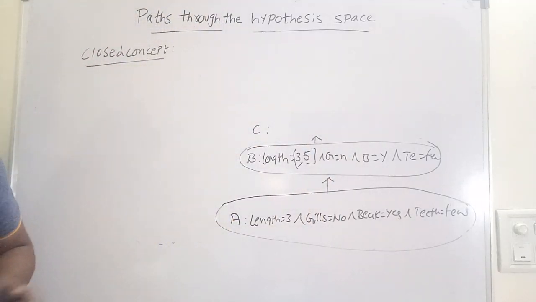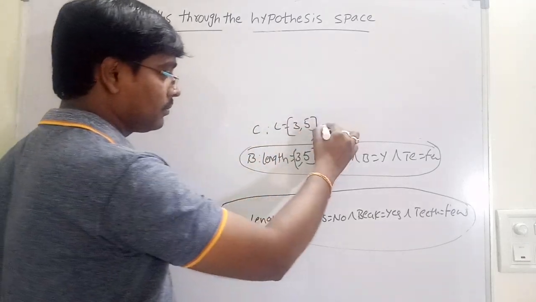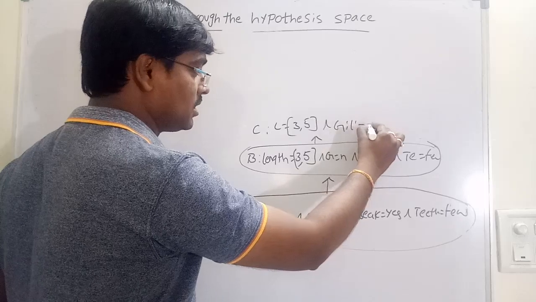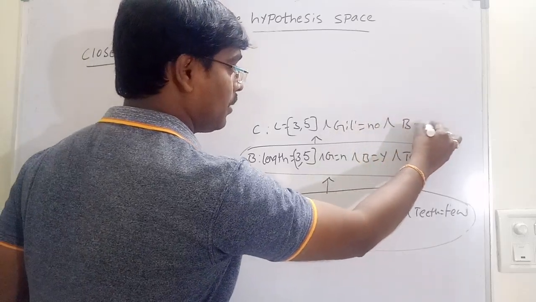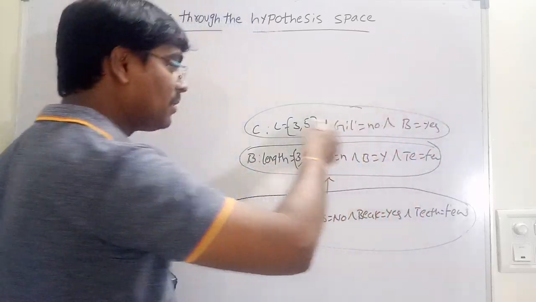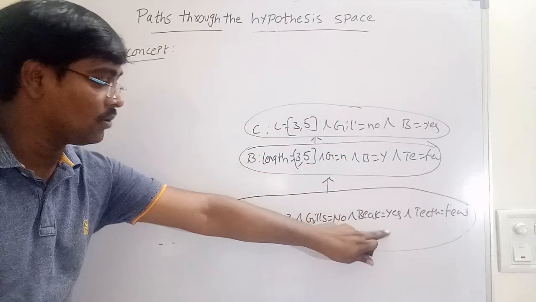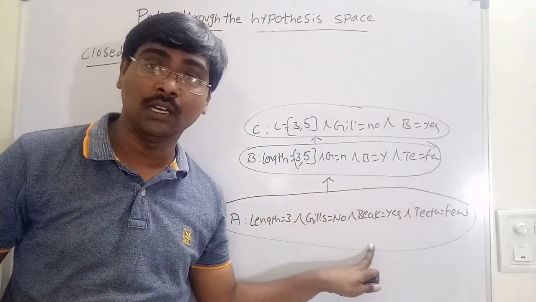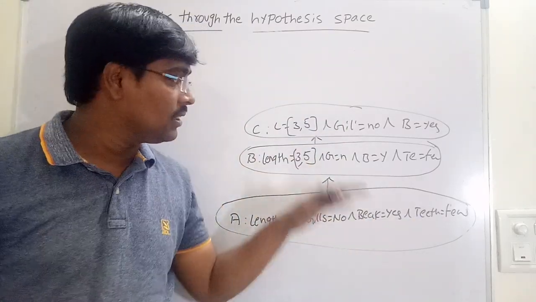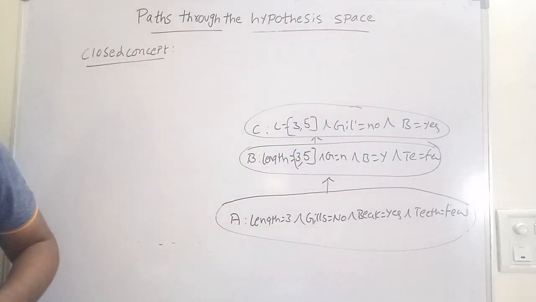Suppose next I am adding one more thing. See, length is equal to 3, 5. Gills is equal to no, and back is equal to yes, to cover remaining positives. So I am modifying this equation step by step, that is, modifying this conjunction to accept all the positives.